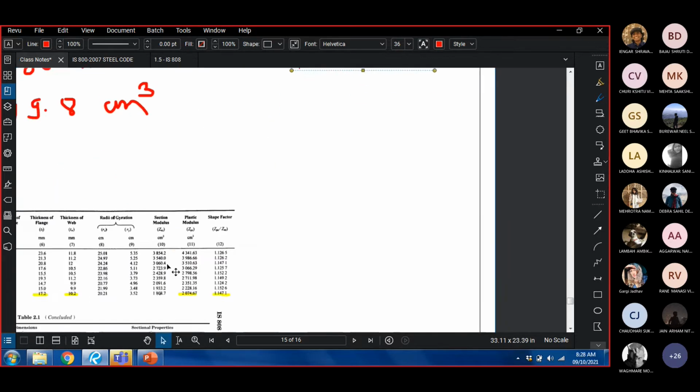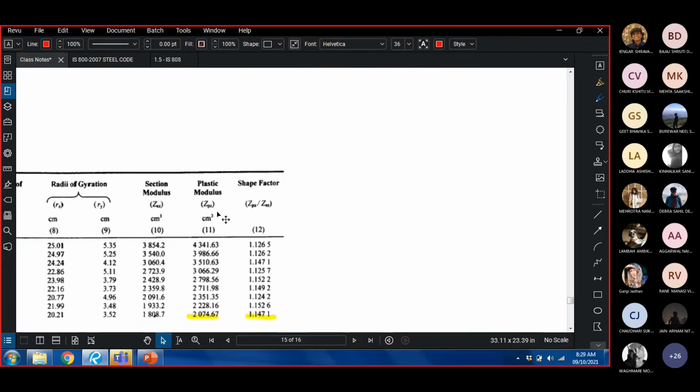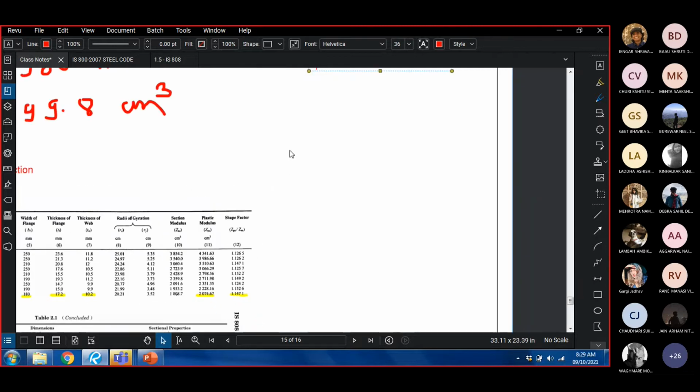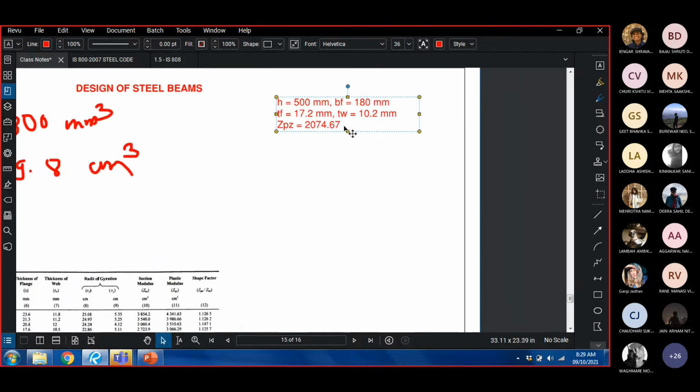Now again, pay attention that this is in centimeter cube. For the uniformity of units in our equations, we'll convert this into mm cube. So this is in centimeter cube. This is equal to 2074670 mm cube.